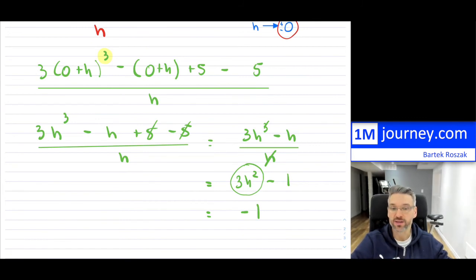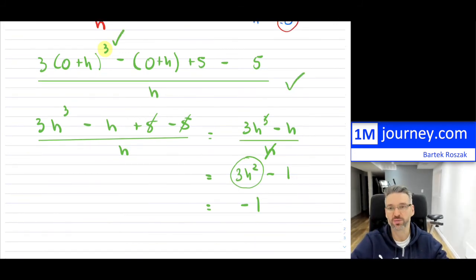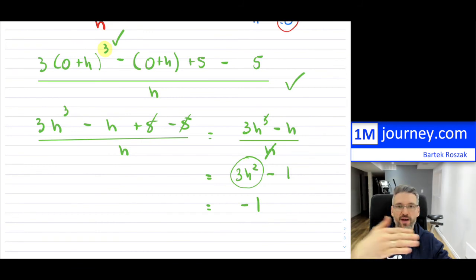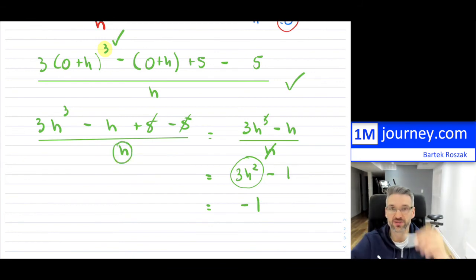Now, is it always going to be this nice for polynomials? It turns out yes. The only thing is that these expansions of the polynomials are a little bit annoying, but you can certainly go all the way through. Once you do those, you can cancel off, so this h is going to be canceling things off for you as you keep going.